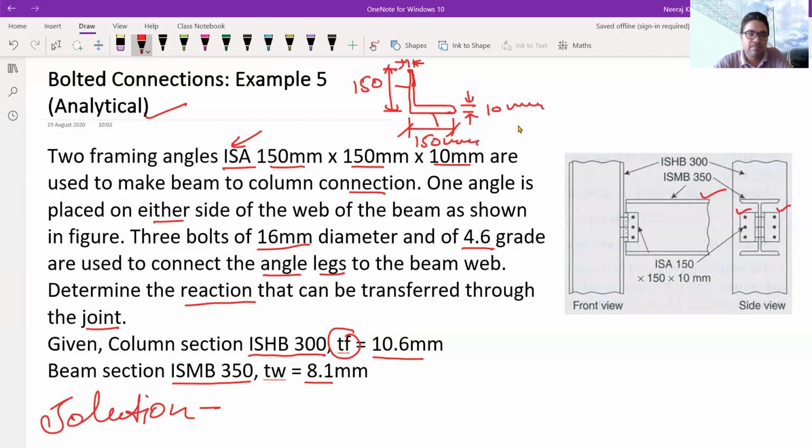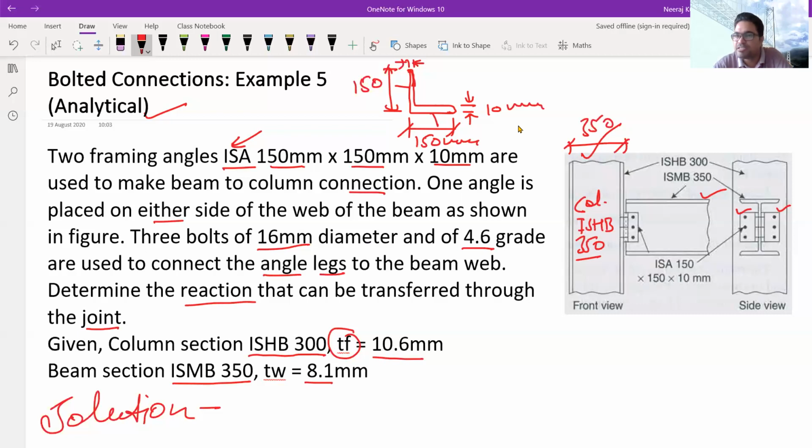Now it says column section. You can see in the diagram, this is the front view and this is the column, and the section is ISHB 350. Well, 350 is the depth of this column, so this depth will be 350.